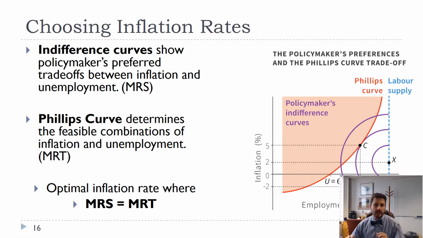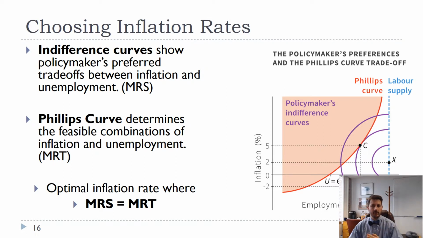So if there is this trade-off between the unemployment rate and inflation, then the question that at least came up after Phillips first drew his curve was whether or not central banks could choose a point along the Phillips curve that best fit their preferences.